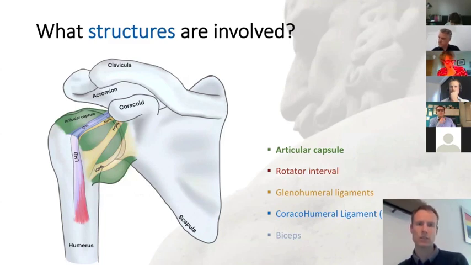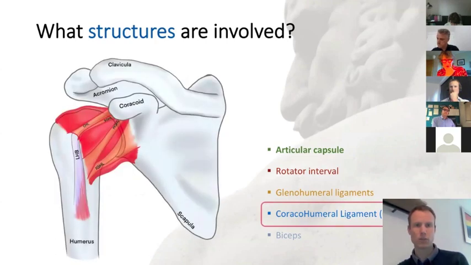Nowadays, the CHL thickness can be measured on MRI or ultrasound studies, and this is found to be correlated with the limitations that patients have. At the end stage of a frozen shoulder, you can see that the capsule is thickened and contracted, and that the axillary pouch is decreased.